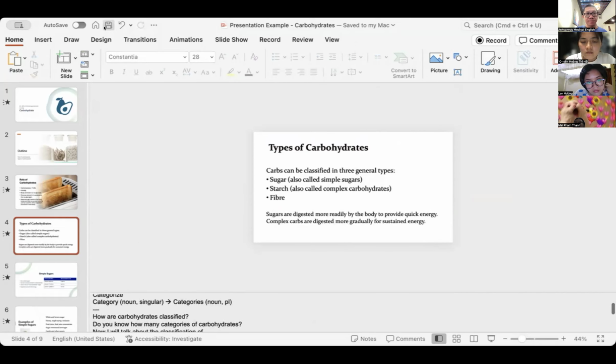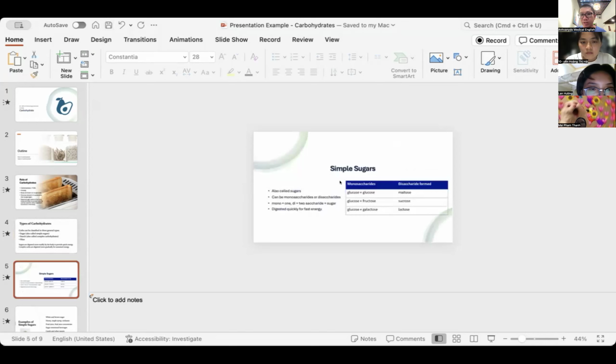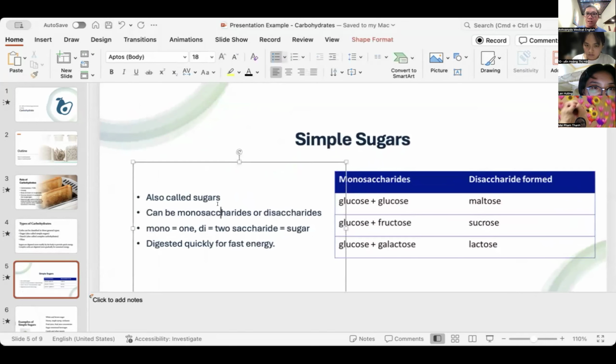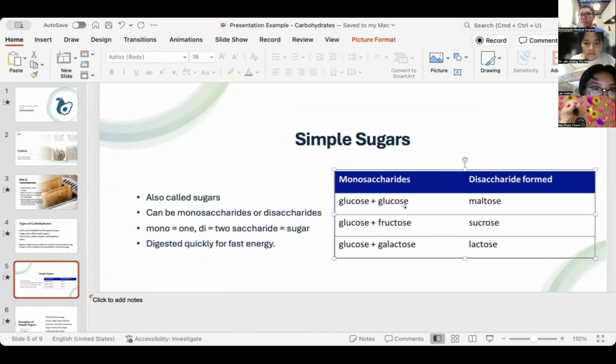All right. Are you ready with that? So with this slide, you need to introduce the topic, simple sugar, and you need to have a brief explanation about the simple sugar, and you need to have some interpretation about the structure. So like this.